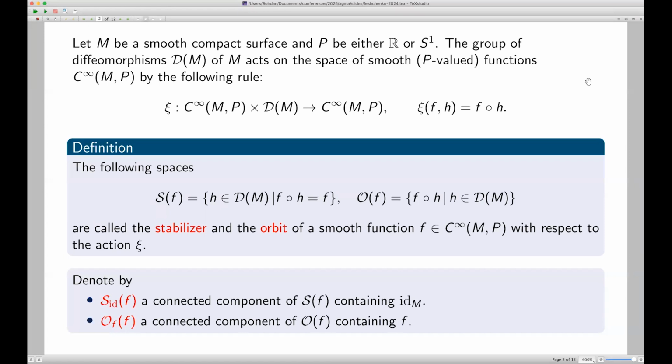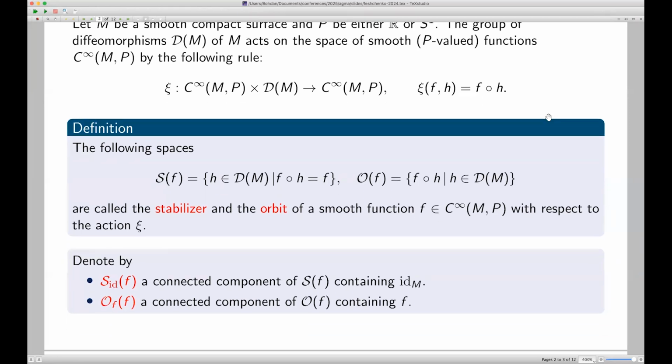We take a function f from here and a diffeomorphism h from here, and the result of this action is the composition of h and f.